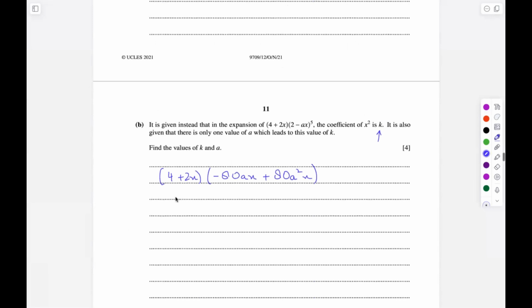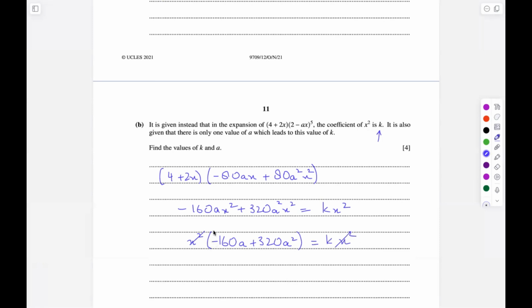Multiplying -80ax by 2, that will be -160ax squared. 80a squared x squared with 4 will become 320a squared x squared, which equals kx squared. So taking x squared common, this will be -160a + 320a squared equals k.